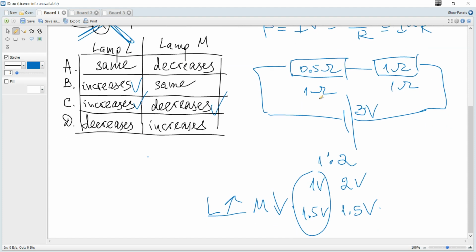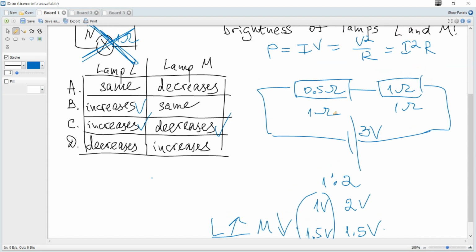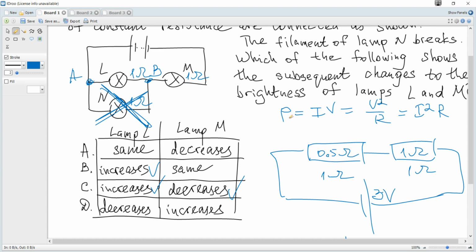And how to get this result quickly? You don't need to do such calculations. You should understand that a parallel junction always minimizes total resistance. In series, it always maximizes total resistance.